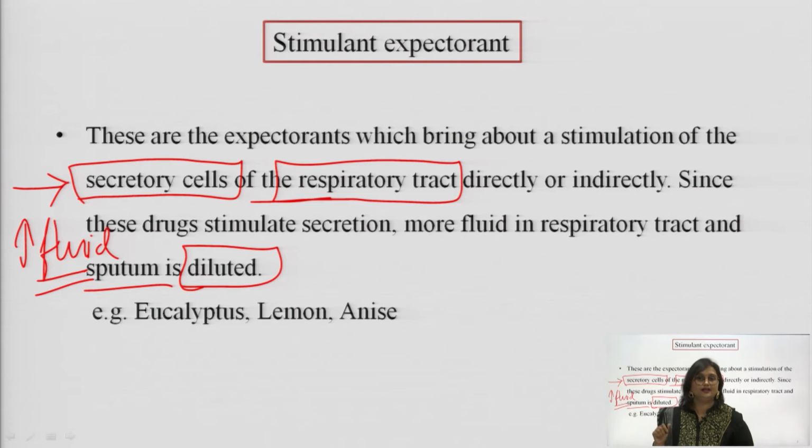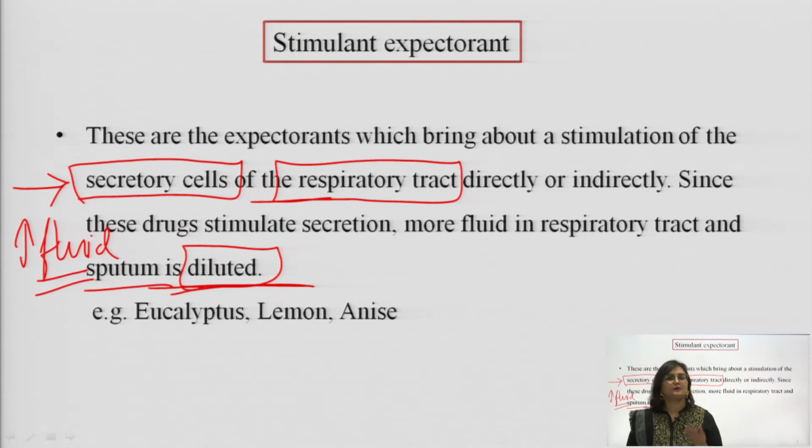This increase in volume of the fluid helps in diluting the sputum. Hence, it can be easily removed out. Clear all of you? The major difference between sedative expectorant and stimulant expectorant.